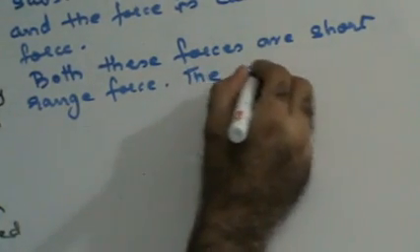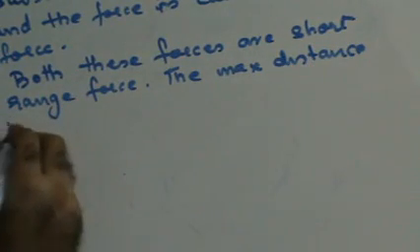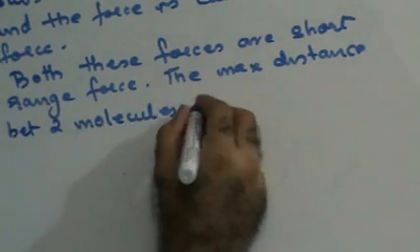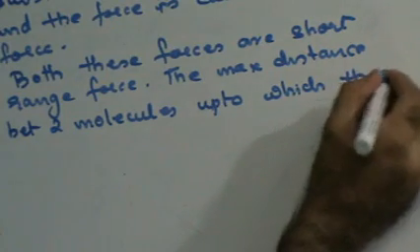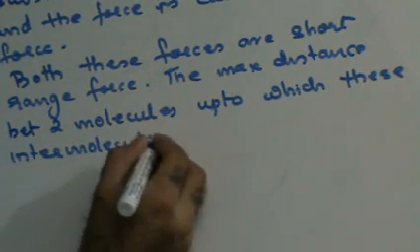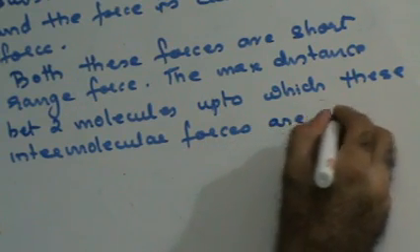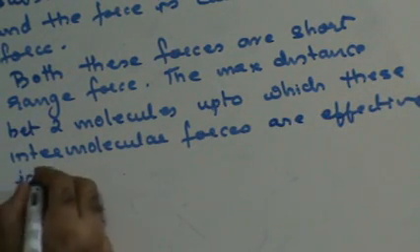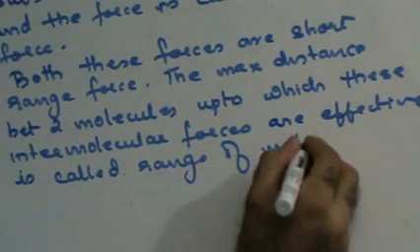The maximum distance between the two molecules up to which these intermolecular forces are effective is called the range of molecular attraction.